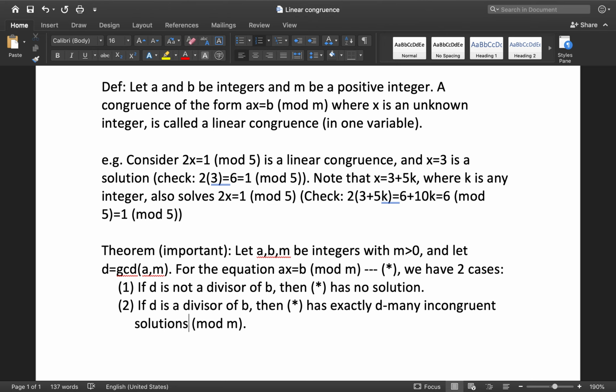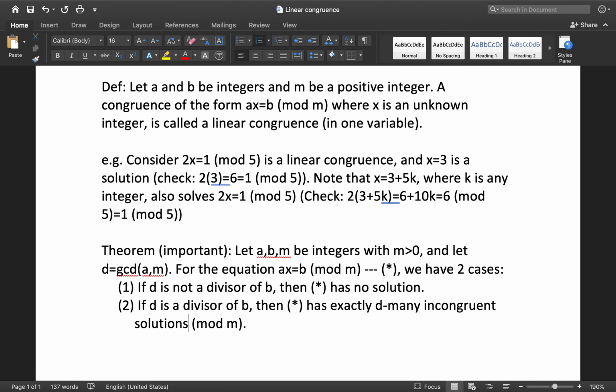That is something different, but in some sense more convenient, because you're not just saying we have infinitely many solutions. Now you can classify them into congruence sets, and actually there are not many. There are just d many incongruent solutions.